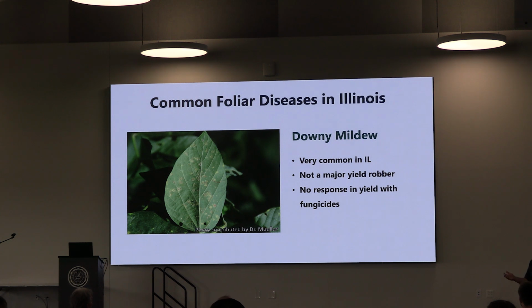It's actually not caused by a fungus. It's something else we call oomycetes, which would be similar to Pythium or Phytophthora. A lot of the fungicides don't have much efficacy for this particular disease, but it's one that we really don't worry about too much. It comes in late usually and really doesn't cause much economic loss, but it's certainly out there, and depending on the year and variety, you may see some of it.